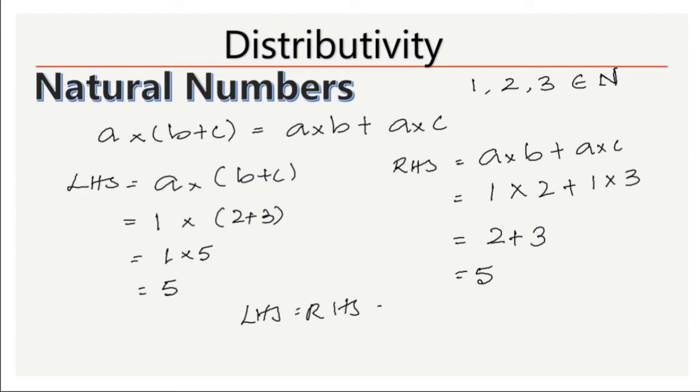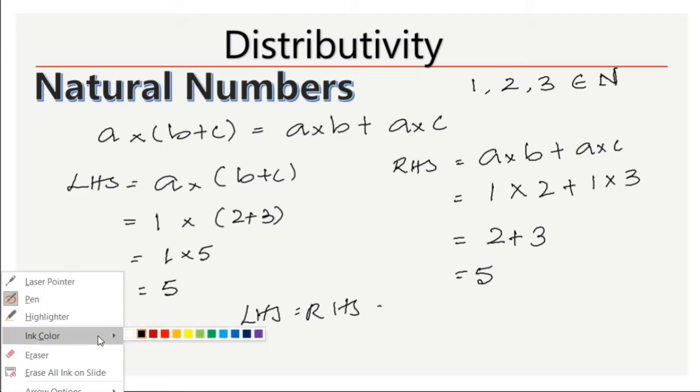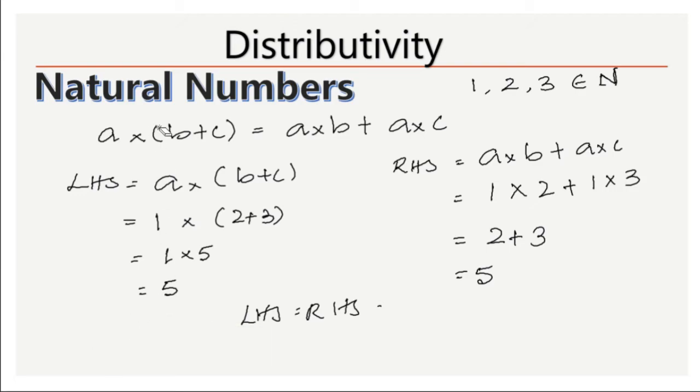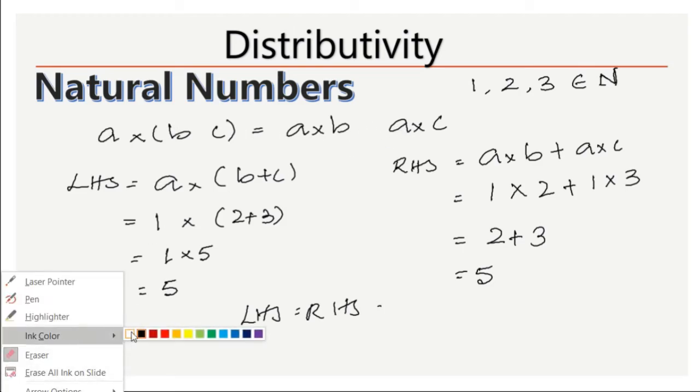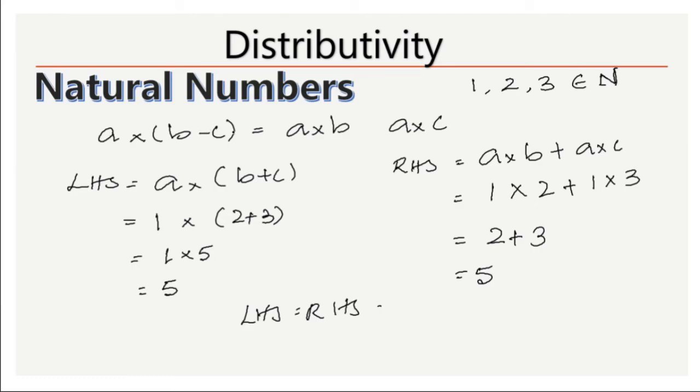Let's have a look at the distributive property of multiplication under subtraction. What if here we have a negative sign? If it is minus, then this would become 2 minus 3.